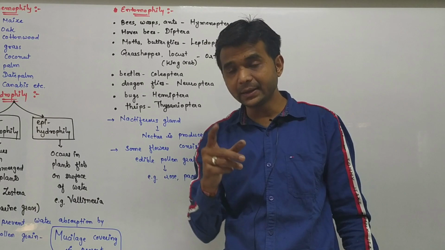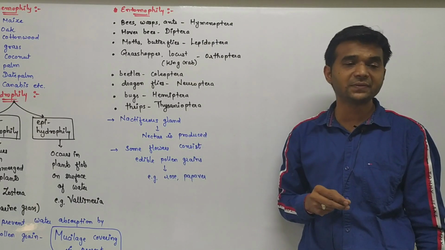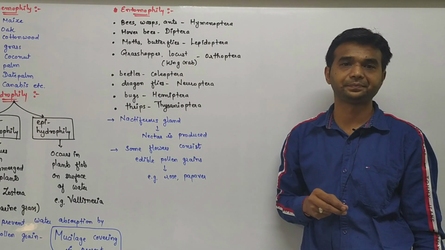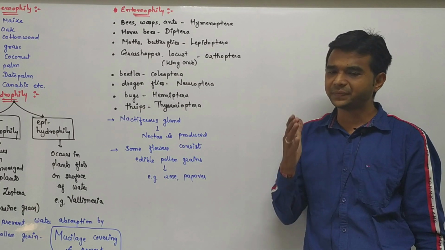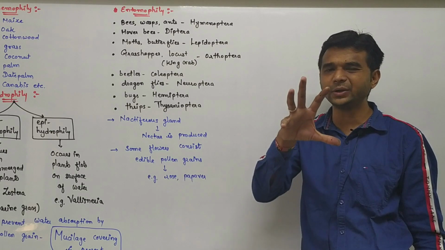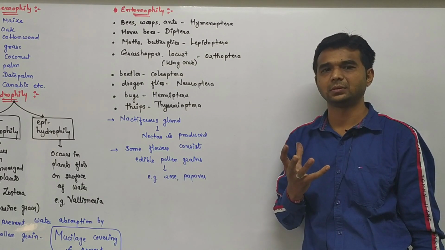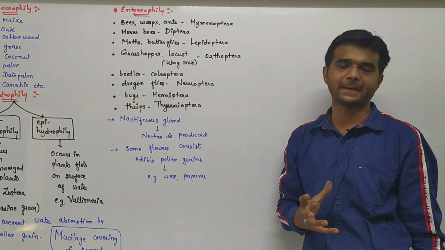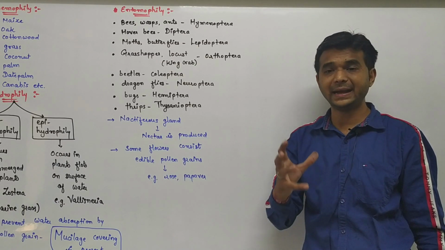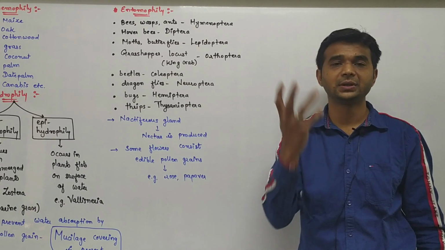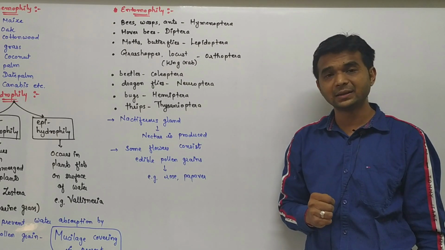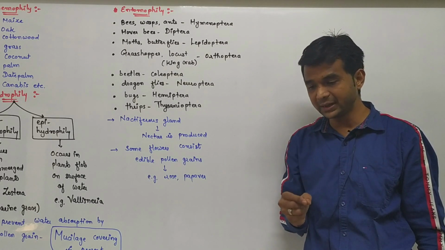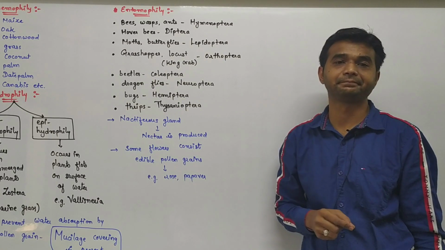Okay, so here the speciality of these flowers is that they consist of attractive coloration of petals and an attractive inflorescence, arrangement of the flowers. And here the pollen grain is sticky.